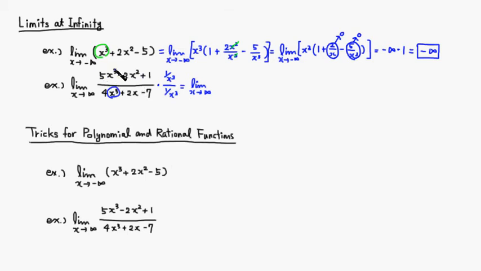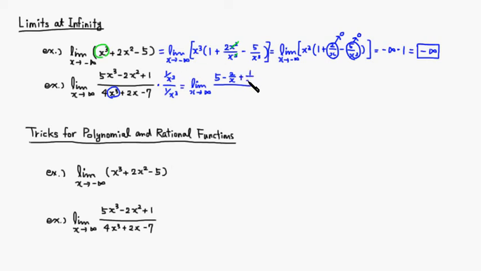5x cubed divided by x cubed: the x cubed cancels out, so you get just 5. Negative 2x squared over x cubed: the x squared cancels out, so it's negative 2 over x. 1 divided by x cubed is 1 over x cubed.